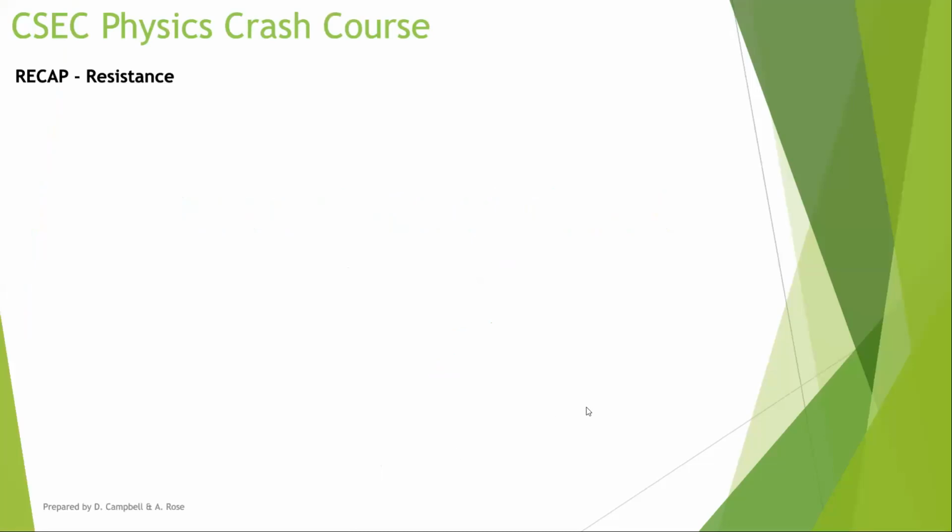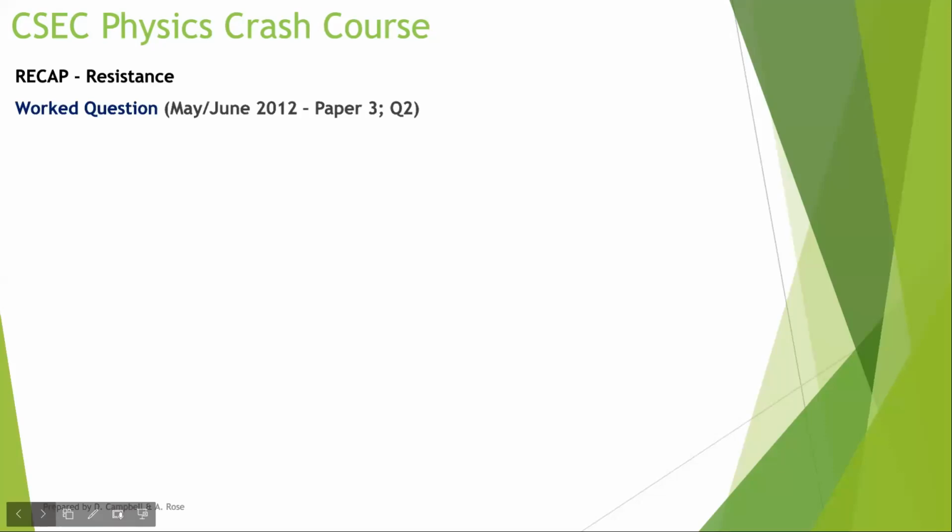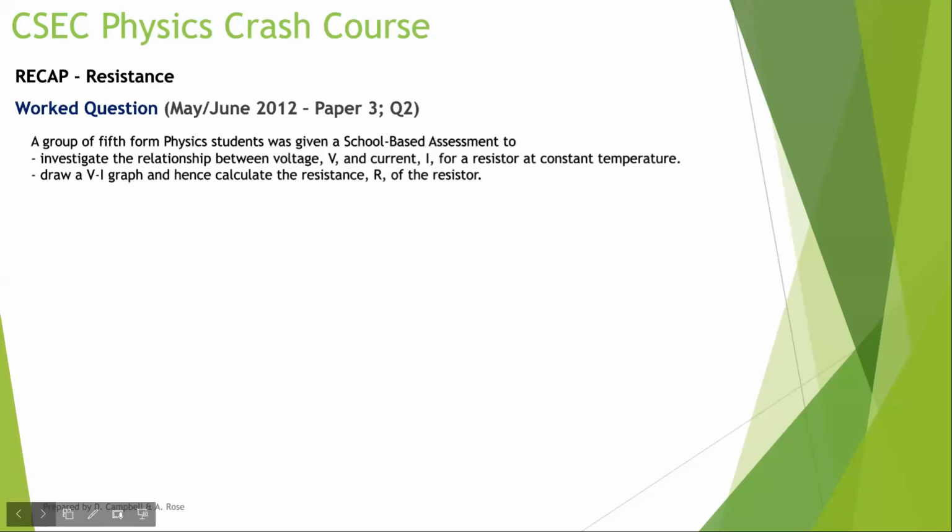Good afternoon, everyone. So we are going to begin by looking at a question that's based on the topic of resistance. This question is coming from the May-June 2012 paper 3, and it's question 2.